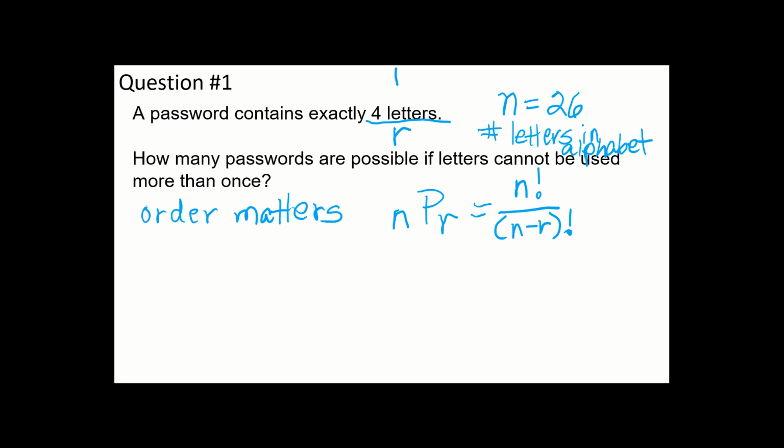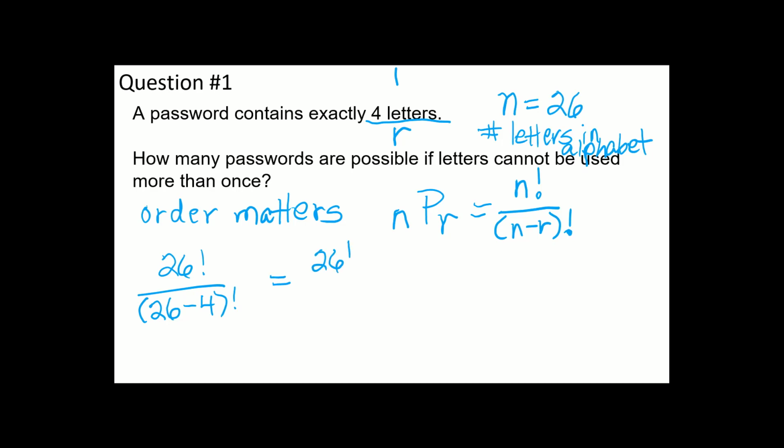So we're going to substitute 26 for n. That's 26 factorial over n minus R, 26 minus 4 factorial.